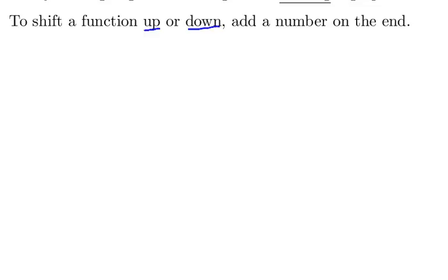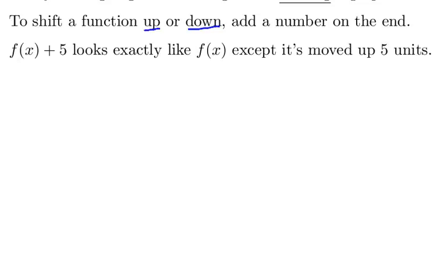For example, f of x plus 5 looks exactly like f of x, except it's moved up 5 units. If it's negative, like f of x minus 5, then it'd be moved down 5 units.